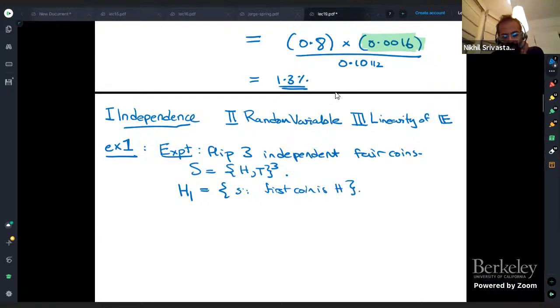So that's one event. Or yeah, let me just call this event E1, just to avoid confusion since H is already there. And another event I'm going to be interested in, E odd, is the event that an odd number of heads appear.